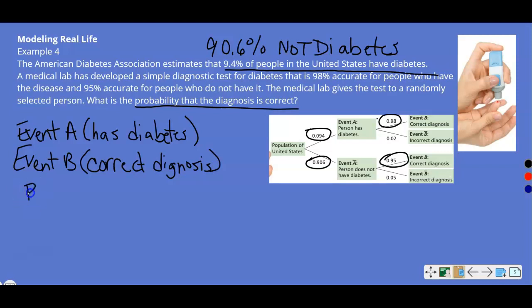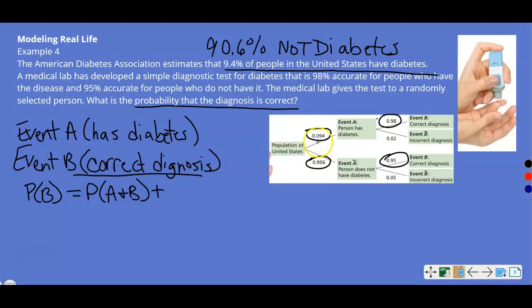So we're going to say probability of B, correct diagnosis, that's what we want. The probability of a correct diagnosis equals the probability of A and B plus, in this case, we've got two scenarios.